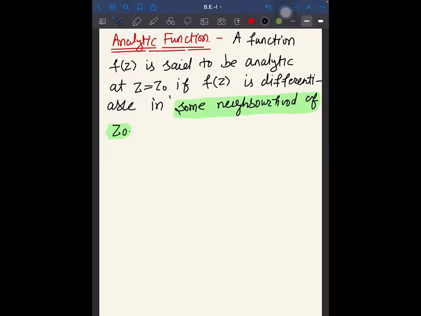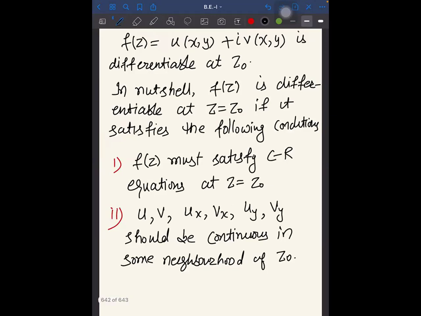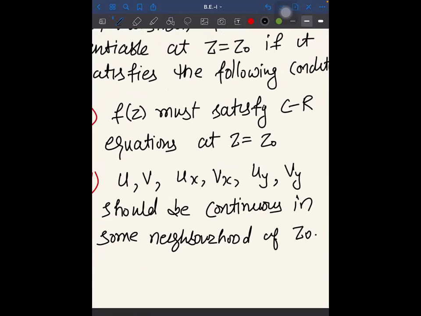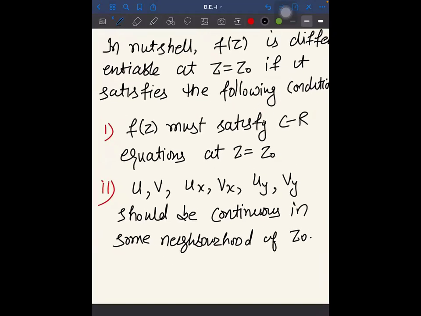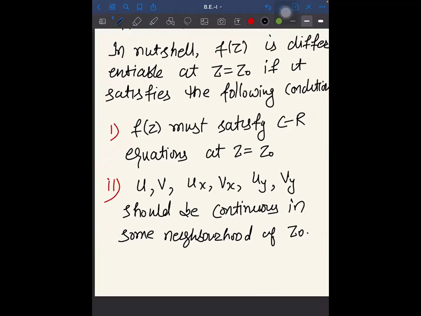So let's say you have a point in the complex plane, you call it z naught, right? So being differentiable at this point means being differentiable at this point only, that means satisfying these two conditions precisely. I've capped these conditions in these two conditions.